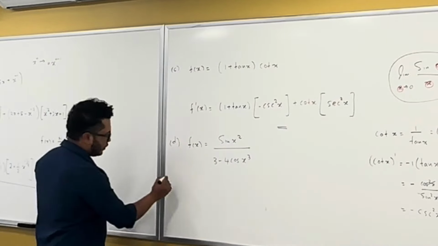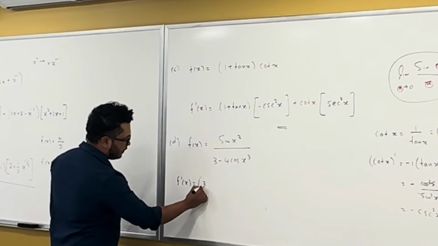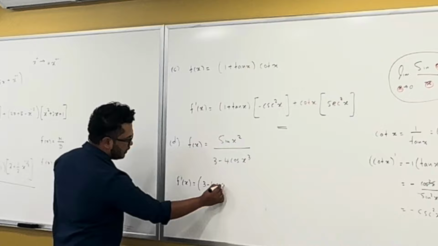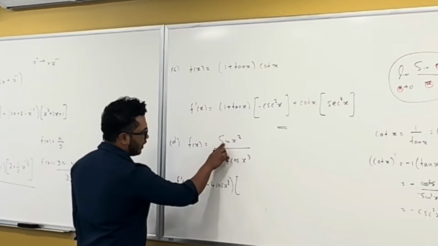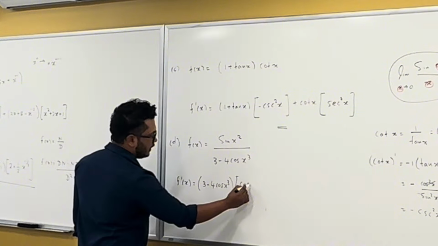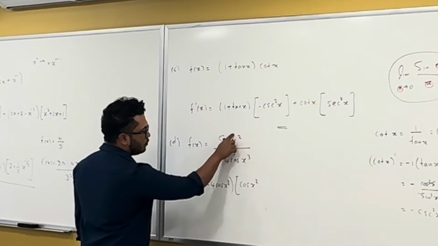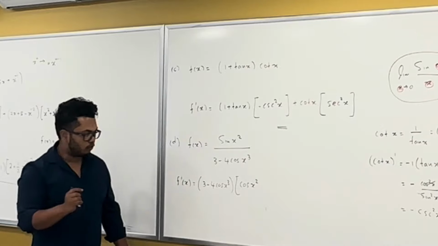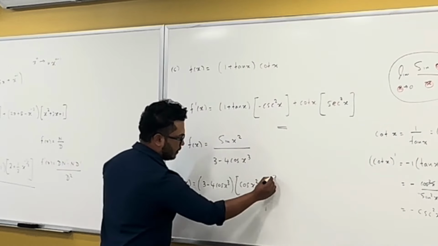When you work with the quotient rule, you write the denominator times the derivative of the numerator. So the derivative of sine is cosine of x squared, but you have to multiply with the derivative of x squared. That's the chain rule, it's 2x. If you forget to do that, it's wrong.